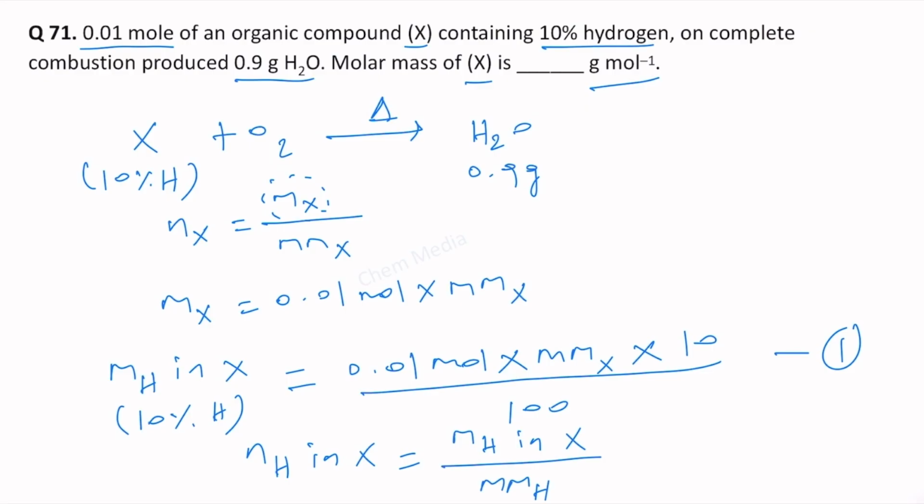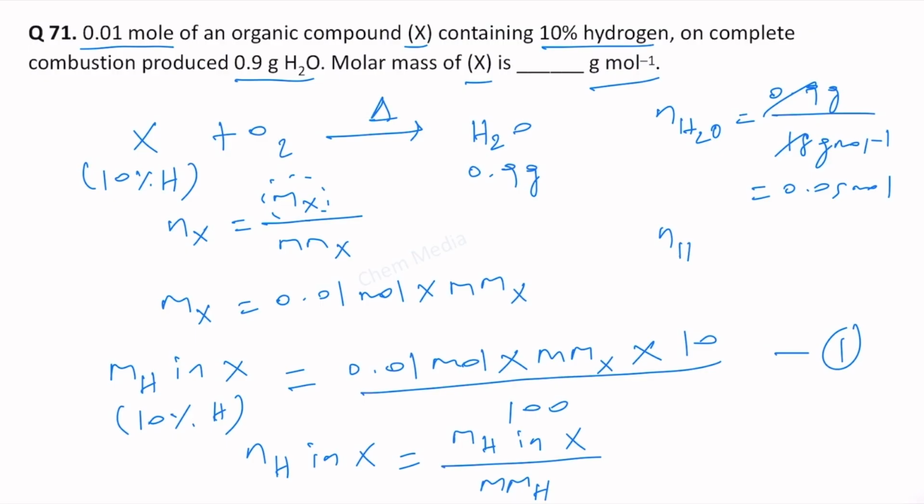So we need to figure out now the number of moles of hydrogen, and that is also mentioned in an indirect manner through water. Number of moles of water, let us figure it out first. Number of moles of water is equal to 0.9 gram divided by molar mass of water, 18 gram per mole. Therefore, this will be 0.05 mole.